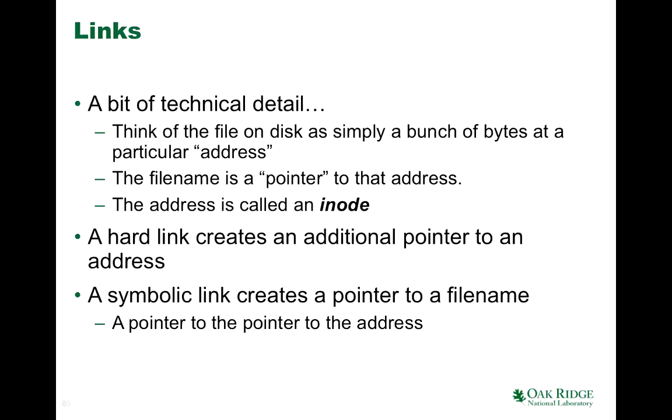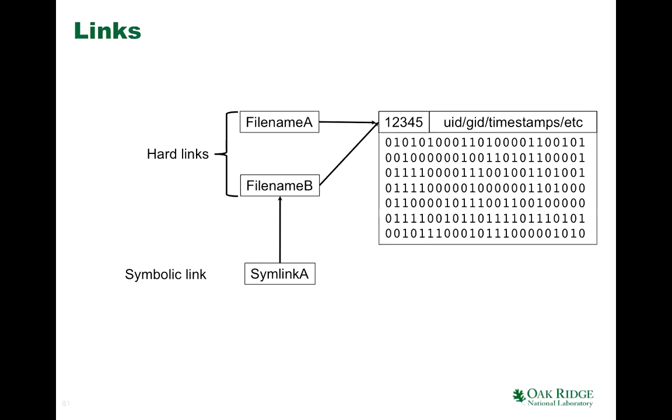Okay, a graphic can help explain that a little bit. So we have file name A and file name B. Those are both hard links which reference some address. The inode in this example would be 12345. And then this box at right, which represents our file, also has some additional data: the user ID, the group ID, what time it was created, several other pieces of information.